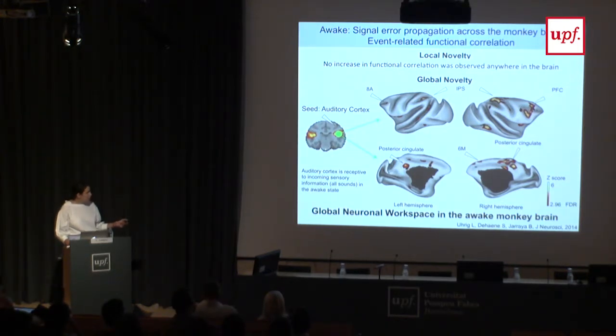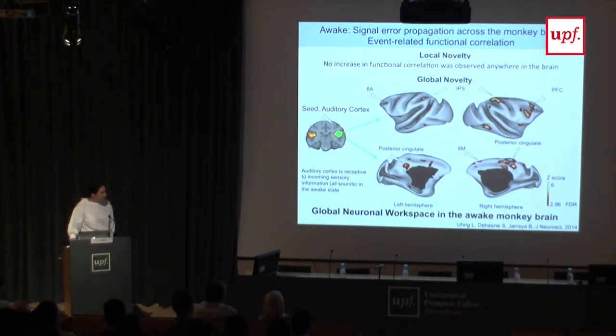You look at what happens to the fMRI signal in the auditory cortex, and what happens to the fMRI signal inside this global novelty detection, and you get the activation of the same pathway as for the simple global effect contrast, with really the signal doing the same behavior in the prefrontal cortex, parietal cortex, and posterior cingulate cortex.